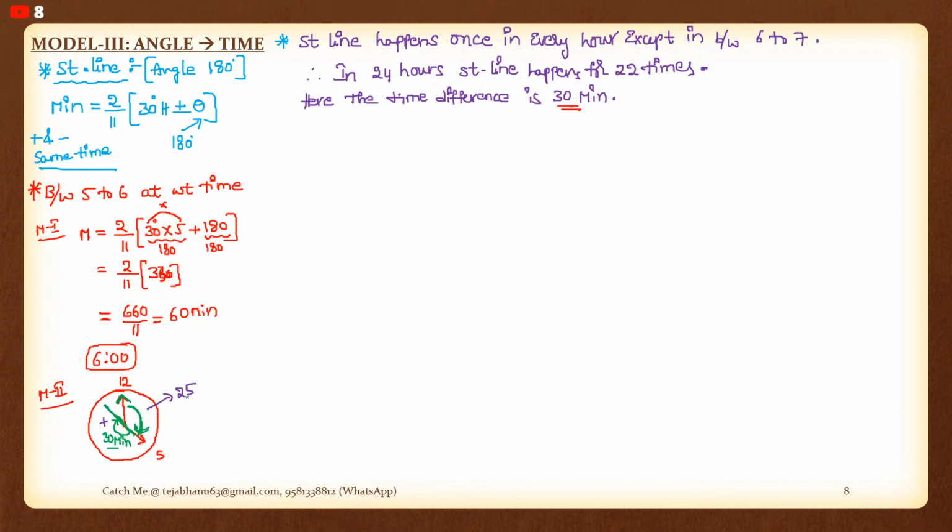So 25 plus 30. It is 55 into 60 by 55. 55 cancels. 60 minutes. That means at 6 p.m. both hands will coincide.